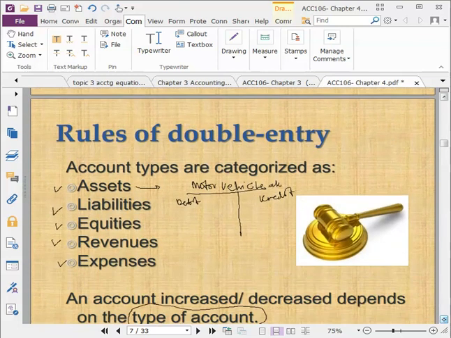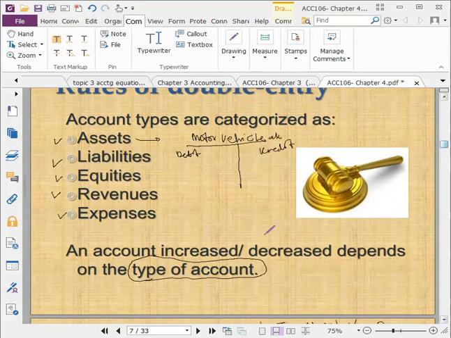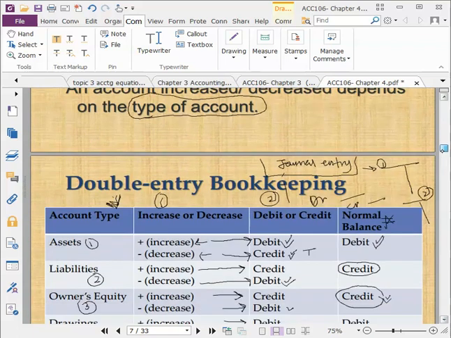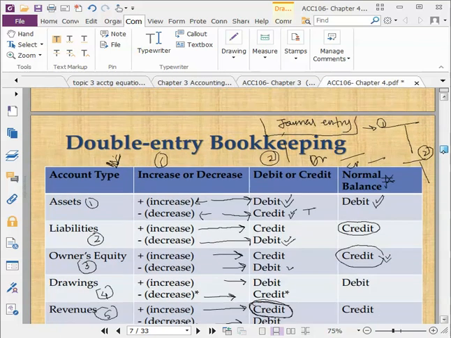Rules of double entry. Account types are categorized as assets, liability, equity, revenue and expenses, which we already know. An account increase or decrease depends on the type of account. So let's look at double entry bookkeeping.